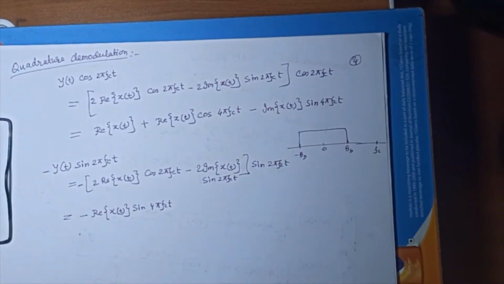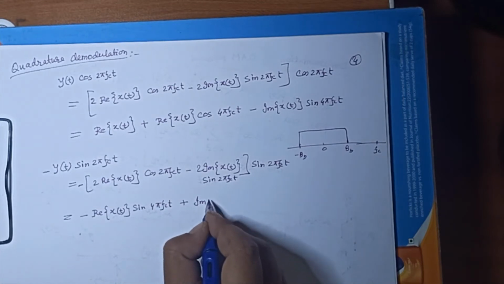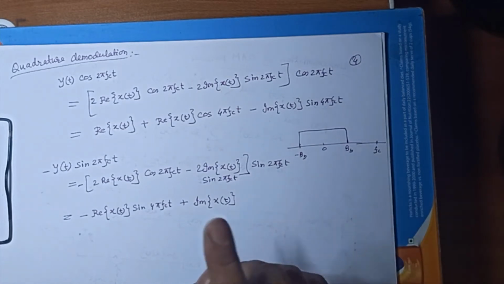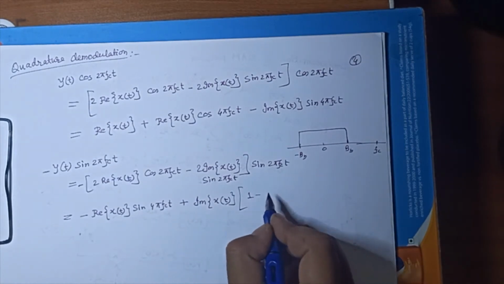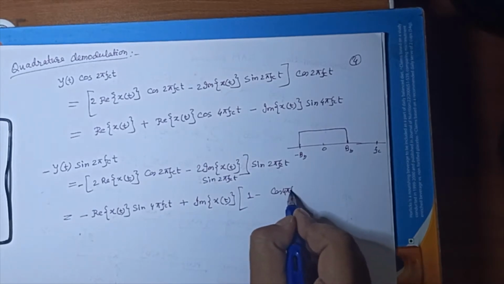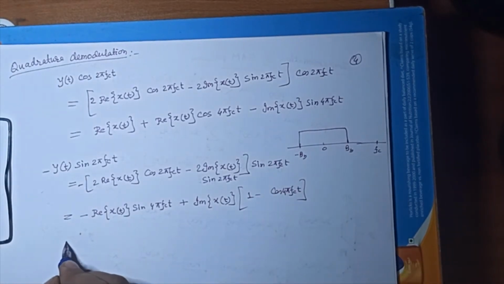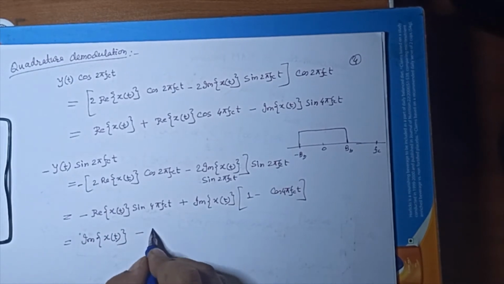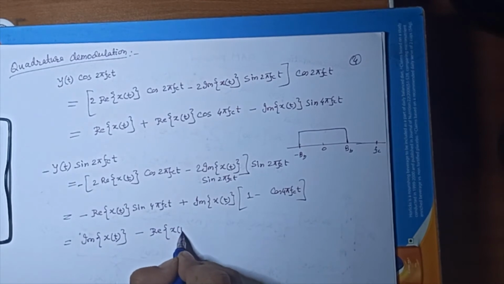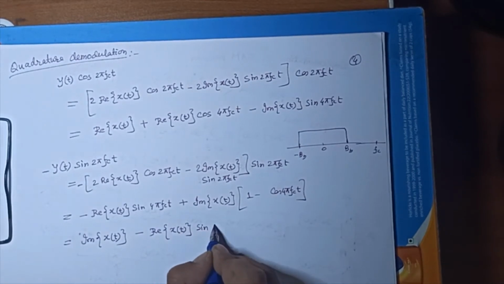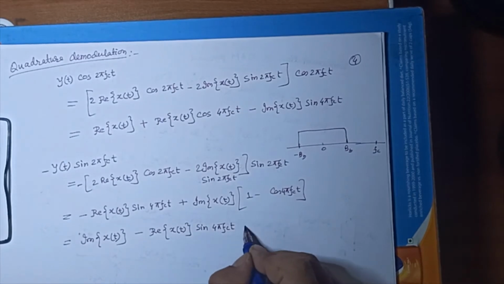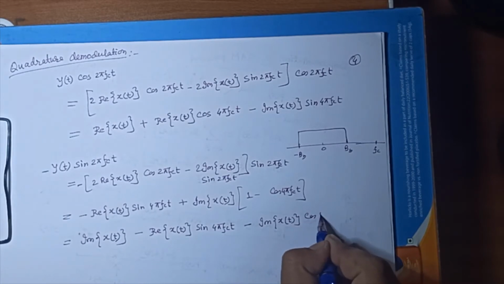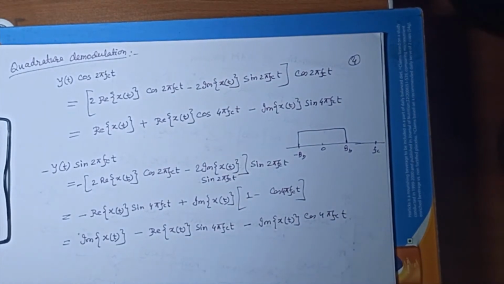Next is plus 2 imaginary xt sine square, which is basically 1 minus cos 4 pi fct. So clearly from here the imaginary baseband signal comes out, and everything else is passband, minus imaginary xt cos 4 pi fct. So if I do low pass filtering, it will work.